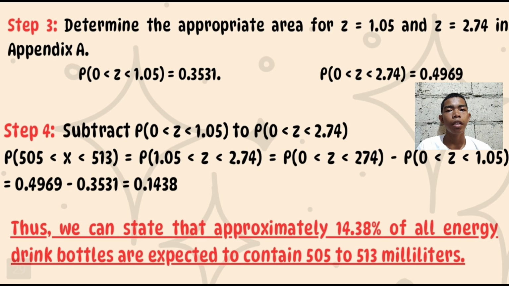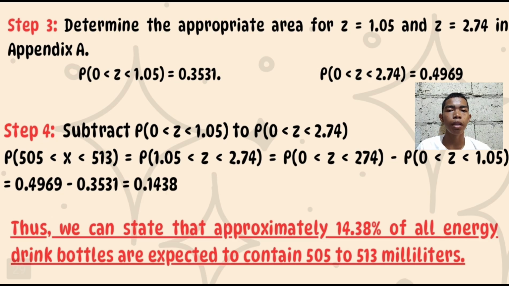So, step 3. Determine the appropriate area for z equals 1.05 and z equals 2.74. So, the answer would be probability 0 is less than z less than 1.05 equals 0.3531. Another z value: probability 0 is less than z less than 2.74 equals 0.4969.